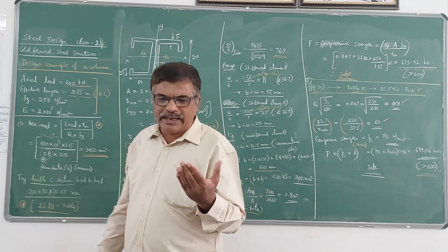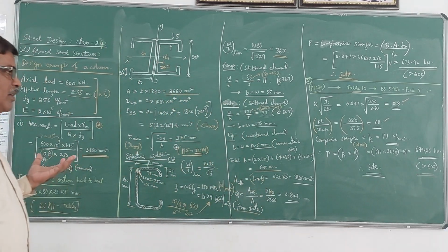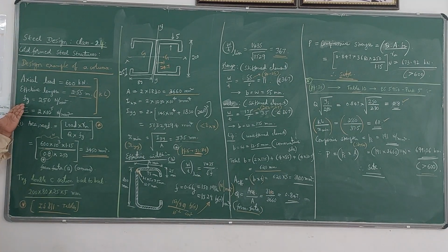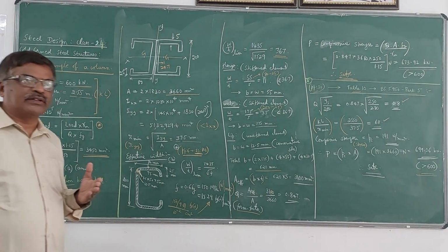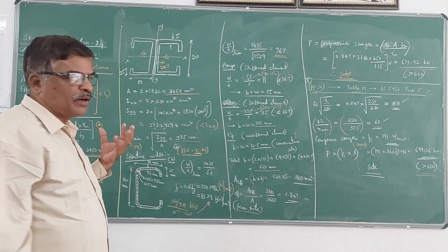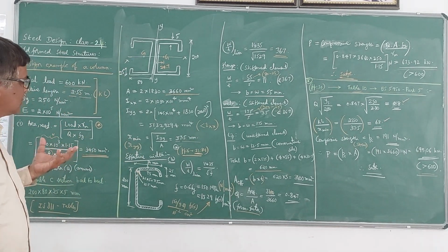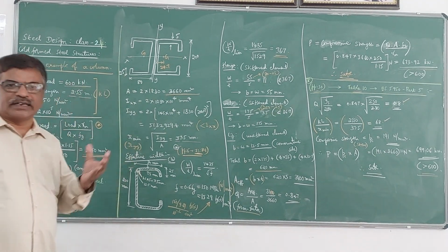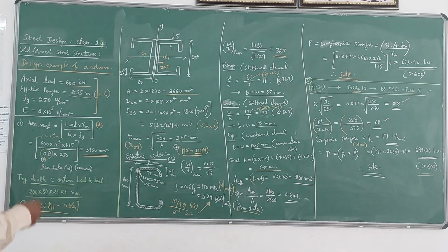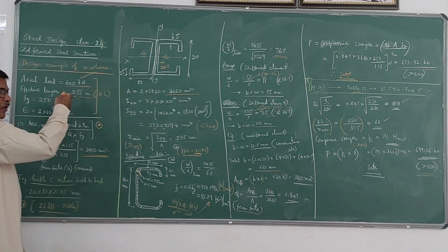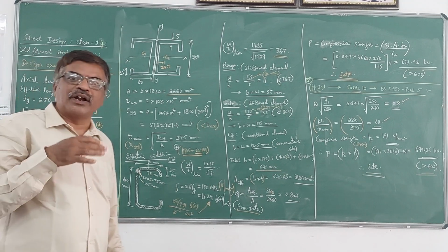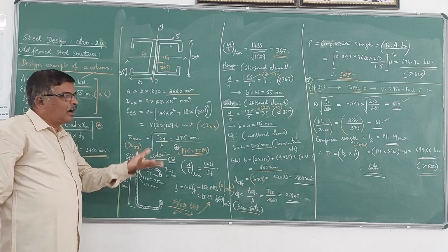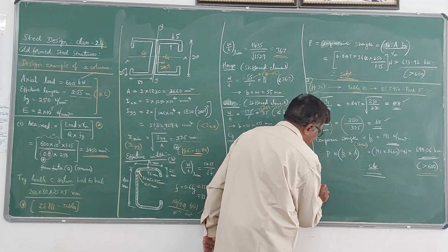So therefore, a design problem depends on so many parameters: the load value, the effective length, the yield stress value. All those things will govern the selection of a suitable section for a column. In this problem, I have considered a double C section, a channel section, because the load is more here. Suppose they give a compressive load around 250 or 300 kilonewton, then you can go for a single C section, or sometimes you can choose a hat section also.